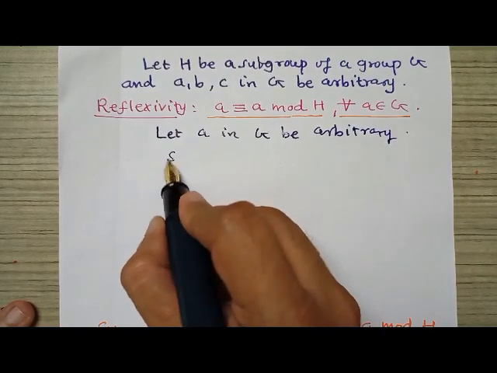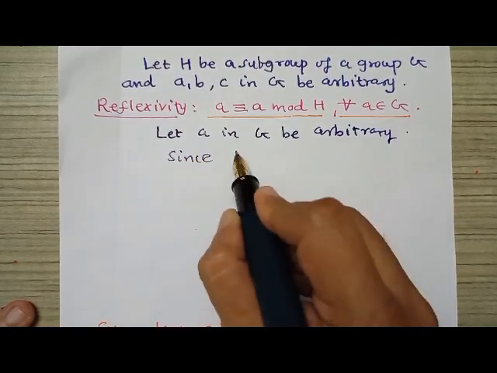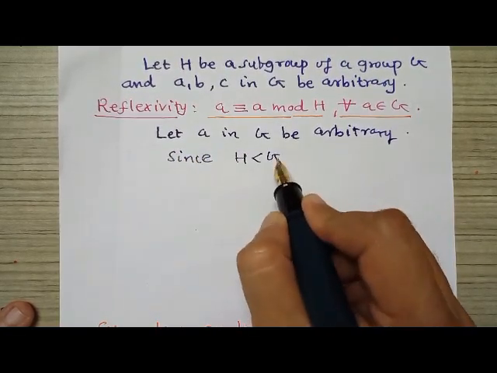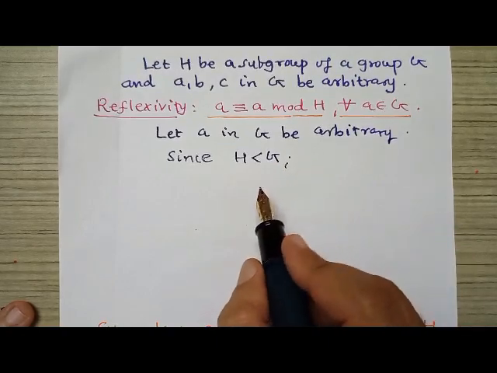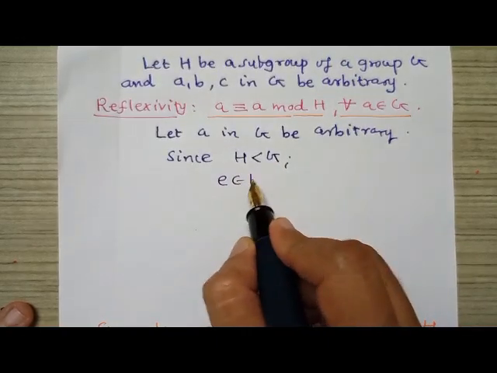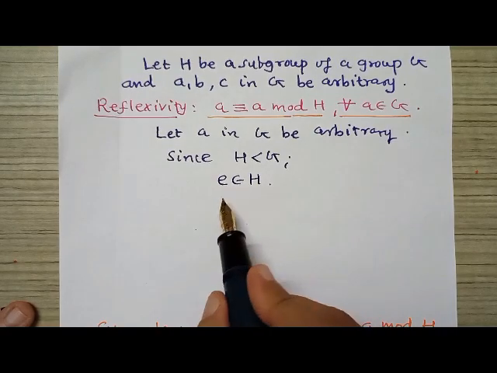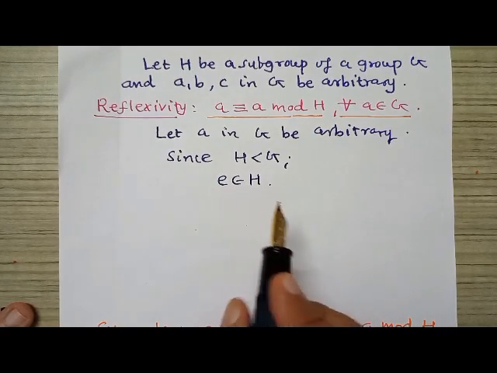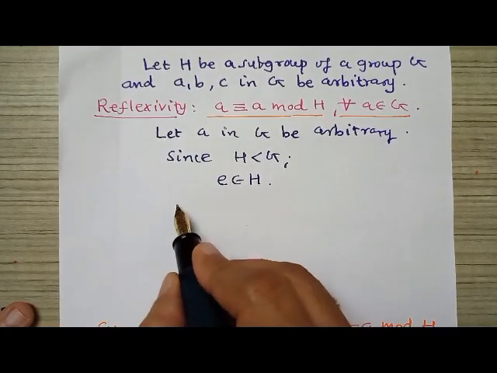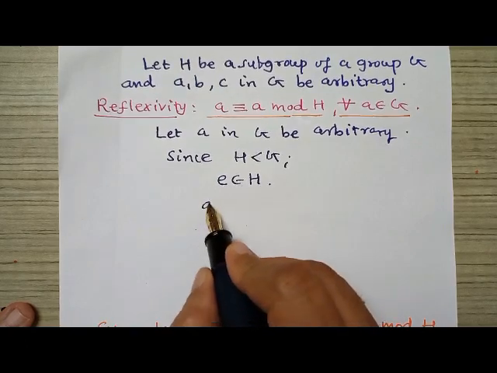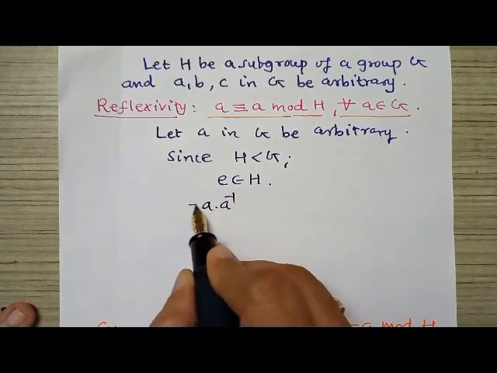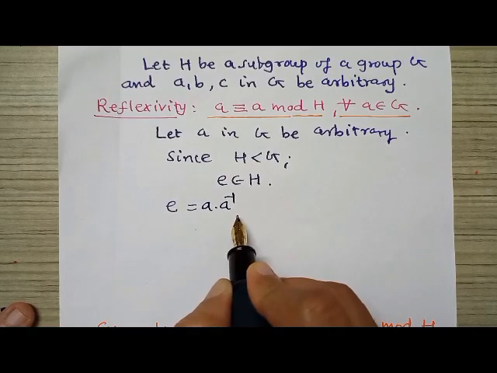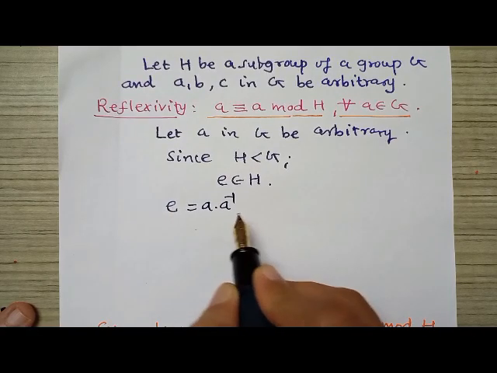Since H is a subgroup of a group G, we know that the identity element lies in every subgroup of a group G, therefore E lies in H. And we know that A A inverse is equal to E for every member A in a group G.